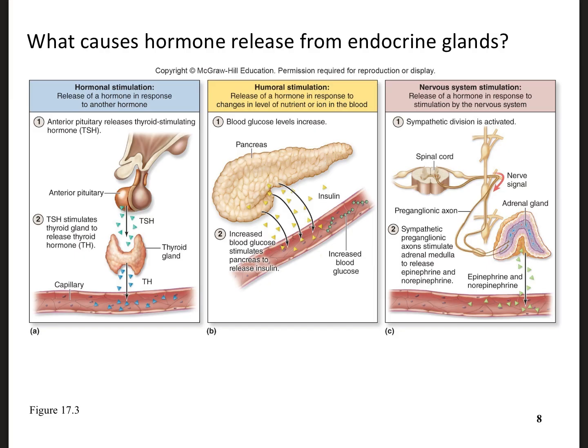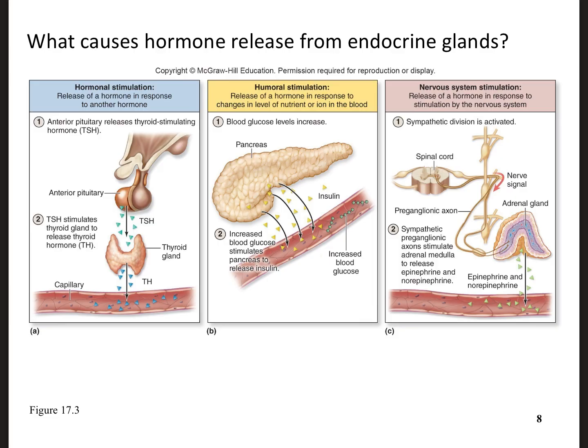Yes? All right. What other hormone have we talked about already this semester that is released in response to the levels of something in the blood? Parathyroid hormone is released in response to what?